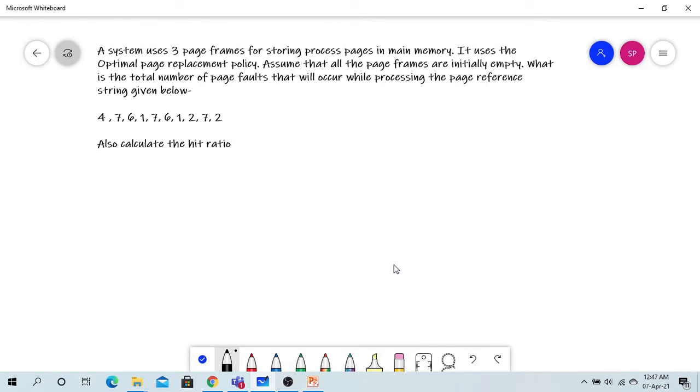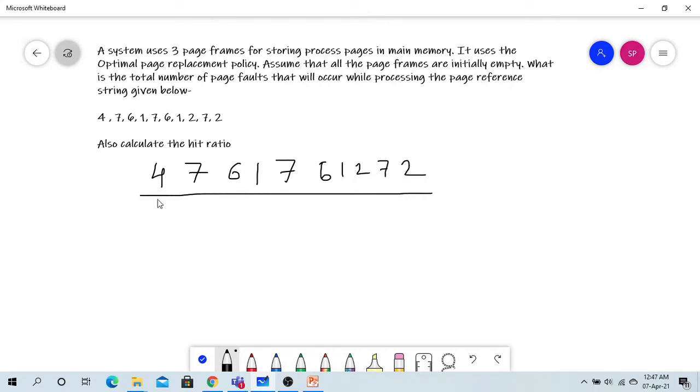So we will find the solution to the given problem. Initially we will write all the references in one line, that is 4 7 6 1 7 6 1 1 2 7 2. Then we have the main memory.